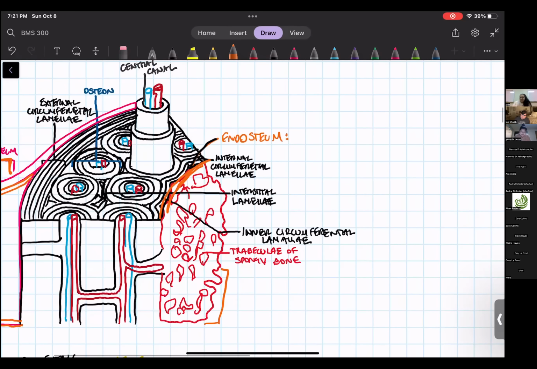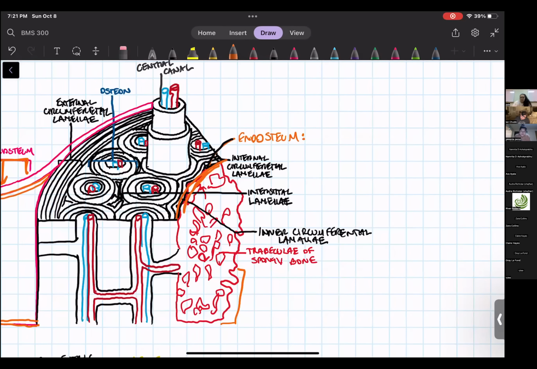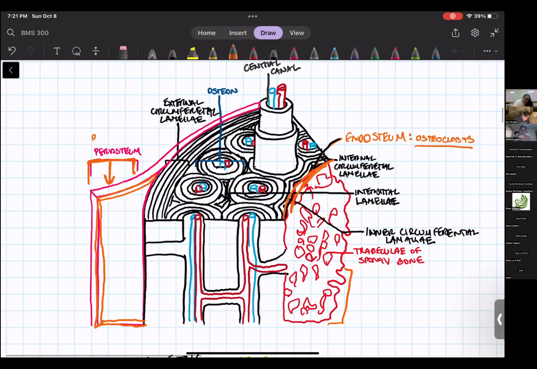Is that going to be the osteoblast because they're building? So these will actually be our clasts. Clasts, okay. Yep. So clasts are going to live in the endosteum, and they actually break down the trabecular bone. So when they're reabsorbing bone, they're using that trabecular side. They're not really breaking down, I mean, they could be breaking down a little bit of the compact on the inside of that endosteum, but they're going to be there, while our blasts are the ones that are right under the periosteum.